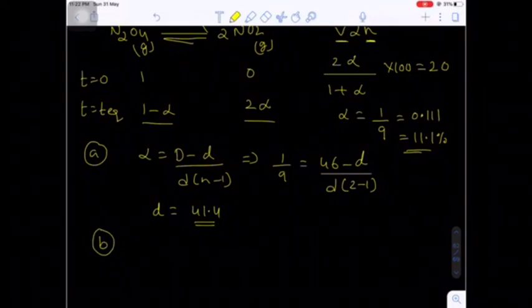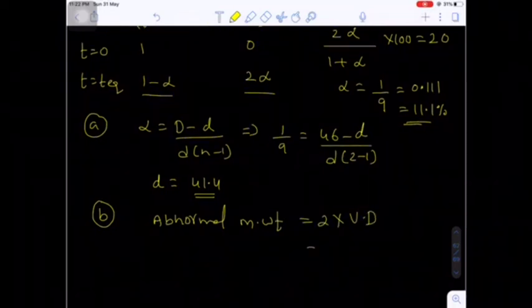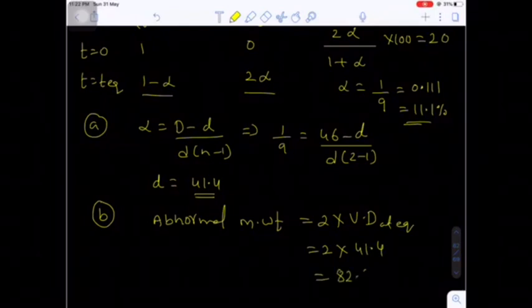And the second bit, abnormal molar mass. Abnormal molecular weight, nothing but molecular weight at equilibrium, is equal to 2 times the vapor density at equilibrium. What is the vapor density at equilibrium? That is 41.4.